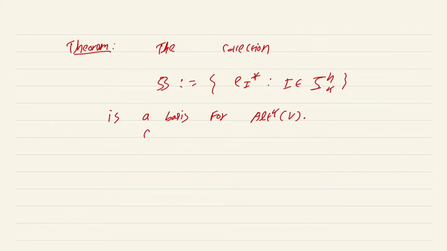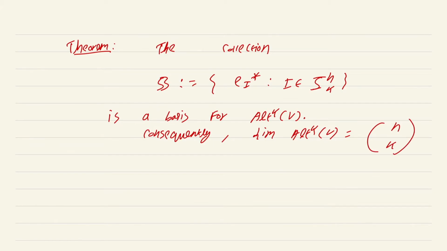Consequently, the dimension of Alt^k V is n choose k, and that fact is just basic combinatorics. Okay, the proof is not too hard because we have that exercise.